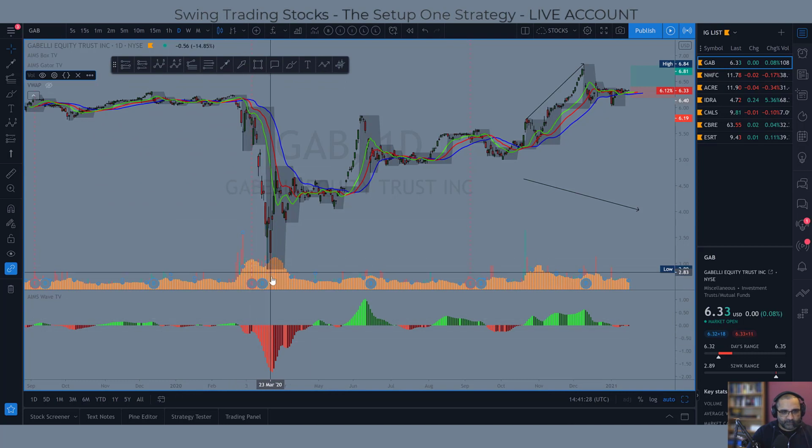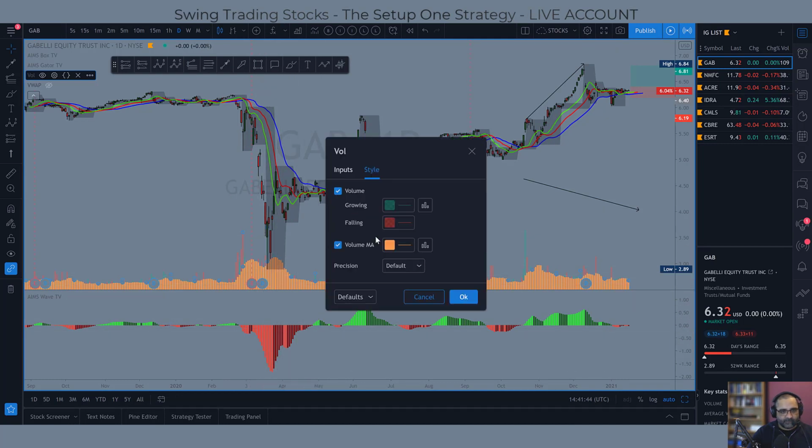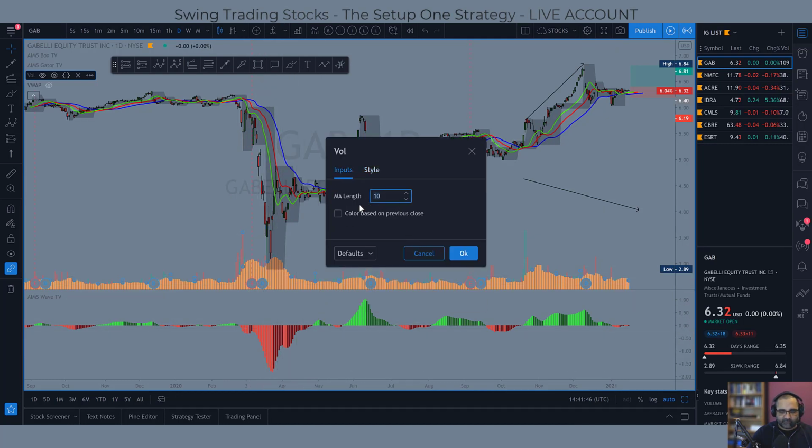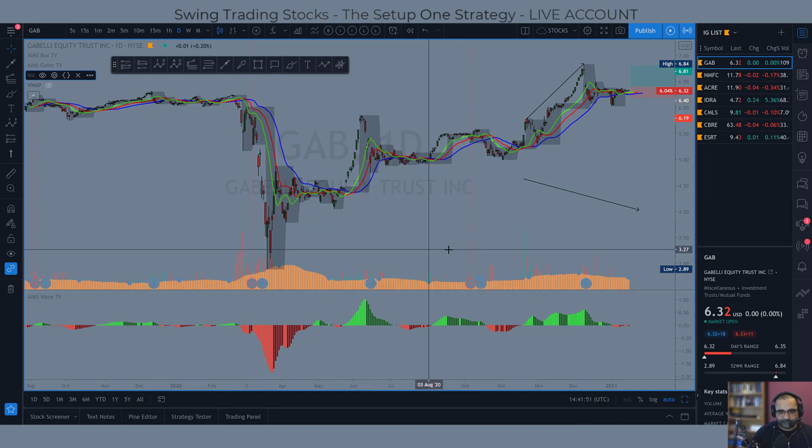See, volume is always above the zero line, so it will always show you peaks above the zero line, but the AO will also show you peaks and bottoms in the direction of the trend. So as volume is creating peaks here, this is also creating peaks. If we change volume to, let's say, 34 bars, which is the AO, see what happens.